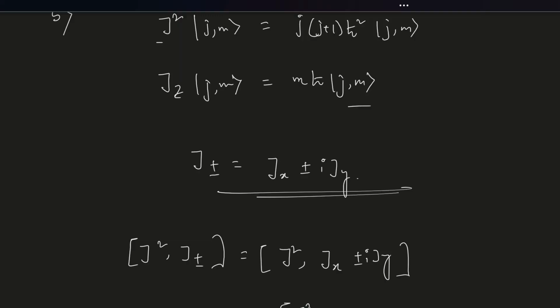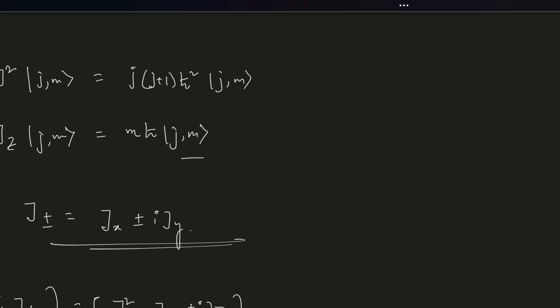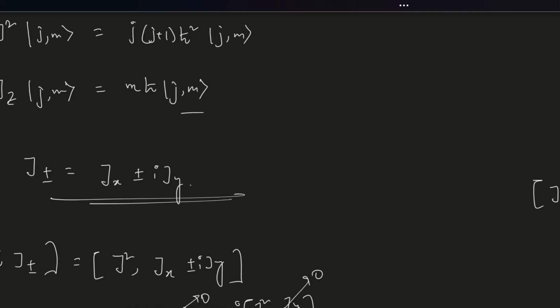Then you can decompose that. Now you know that each of the terms will go to 0, because that is what you must have learned in the lecture, that any component of J, whether it is x, y or z, with J square will always give you a 0.